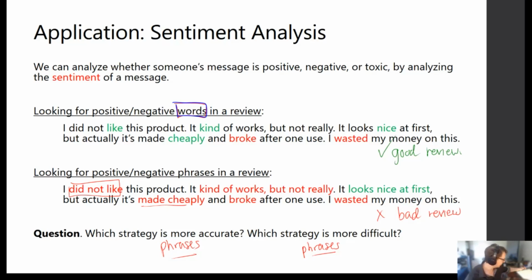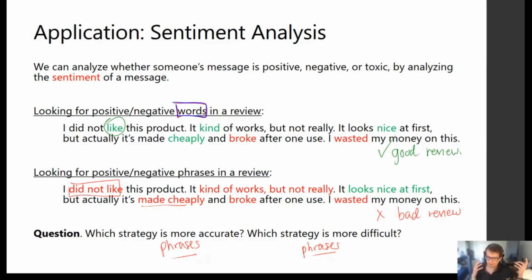Because with part of speech tagging, if we know the category of the word and what the word means, we just say it's a good word or a bad word, and then we're done. If we have to look at phrases, the computer has to know how those phrases combine. It has to know the meanings of the words and how those meanings change the meanings of other words when they're put together. There's a lot more complex stuff going on that makes it much more difficult for a computer to do.